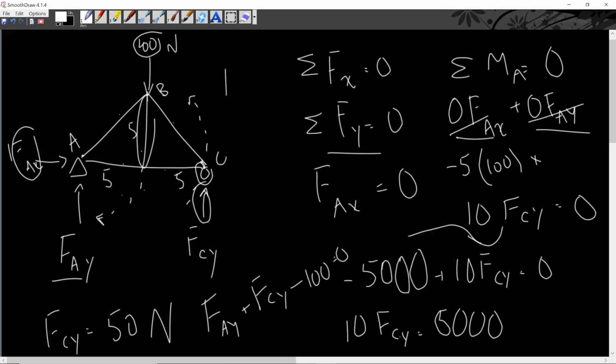So if we have FCY equals 50, 50 minus 100 is negative 50, so FAY should equal 50, right? When you have 50 minus 100, you get negative 50, and then you add 50 to both sides. So you get FAY is equal to 50 newtons. That makes sense. You want this force to cancel out this force because you want this truss to stay in the same place. FAX will equal 0 because we're not actually moving.